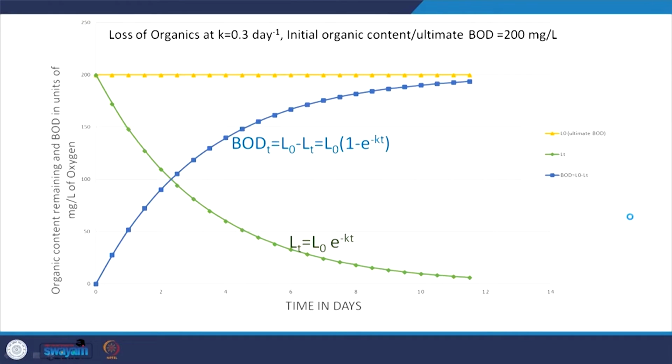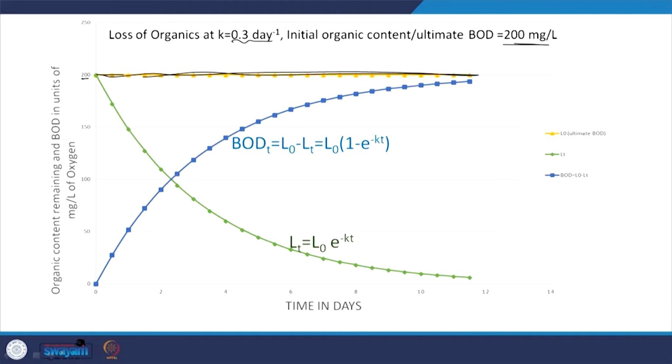So, I just drew this graph, and the rate constant I took was a typical rate constant for decay, kd equal to 0.3 per day. The initial organic content, or the ultimate BOD, I am indicating here as 200, I took it to be 200.